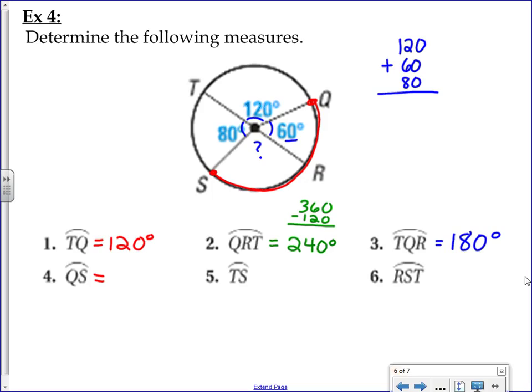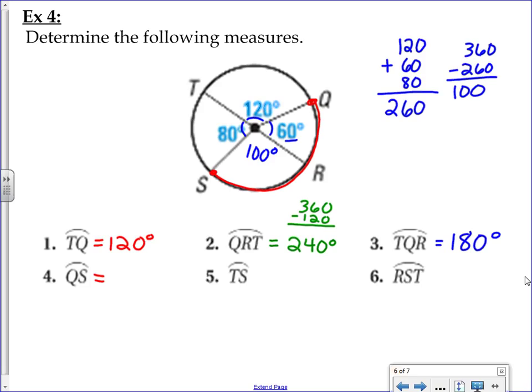And then once you get your answer, you can subtract it from 360 to get that fourth angle that we're missing. So when you add these together, you get 260. So 360 minus 260 is 100. So we now know this missing angle here is 100.